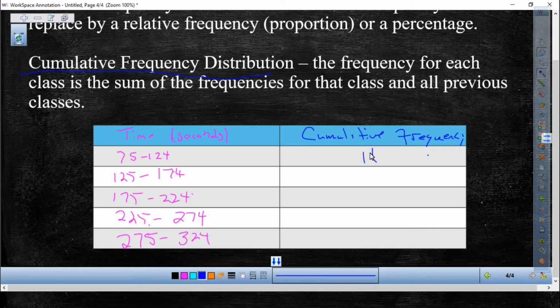And then the next one, we take 11 plus the 24, and that gives us 35. Then 35 plus 10 gives us 45. Then we add 3, that gives you 48, and then we add 2, and that gives you 50. Okay, so there's a cumulative frequency table.